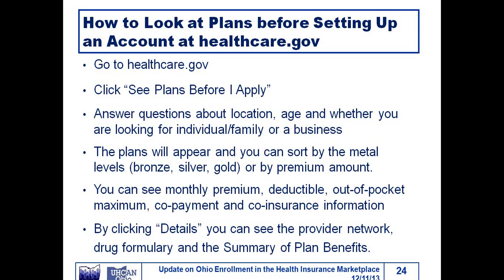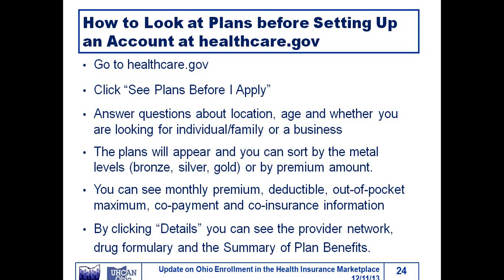And then you can go on to view the plans. But some people aren't really ready to enroll. They just want to look at the plan so they can think about it. And up until last week, if you did that, you could see some minimal information like the general premium of the plan, but that's about all you could see. Now you can actually see almost everything that you need, even before you get into the enrollment.